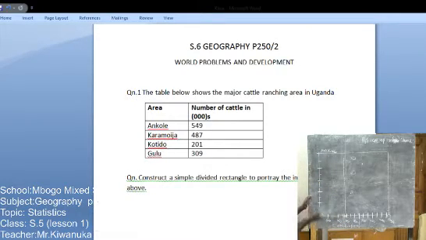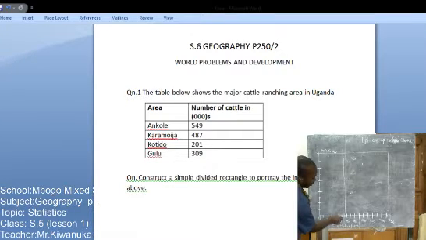Let us check whether we are still very accurate. This is 1 centimeter, 2, 3, 4.